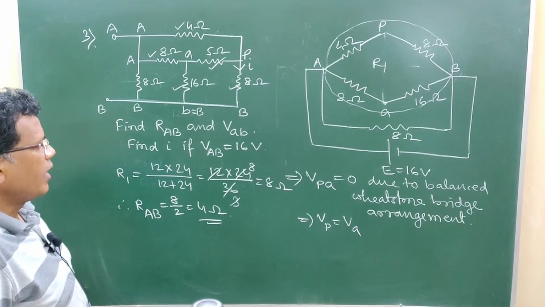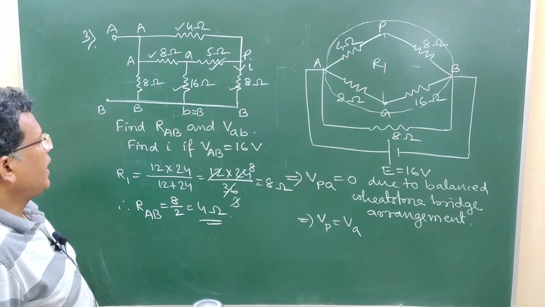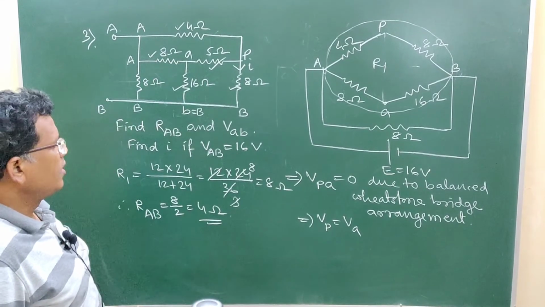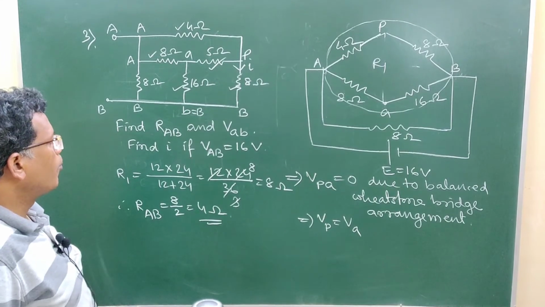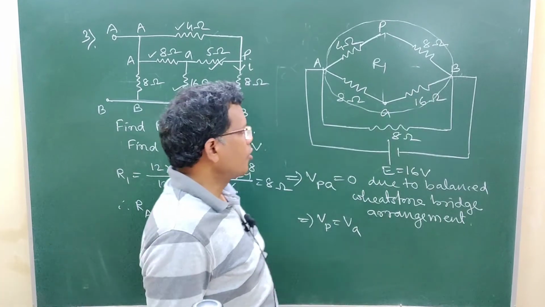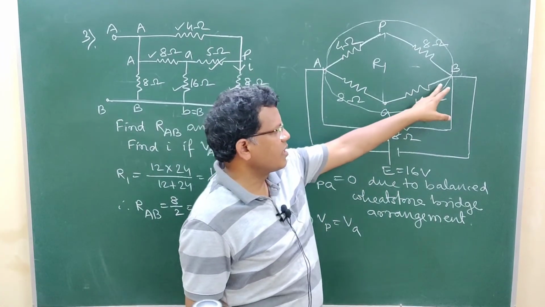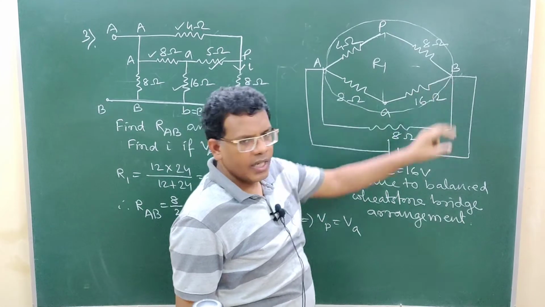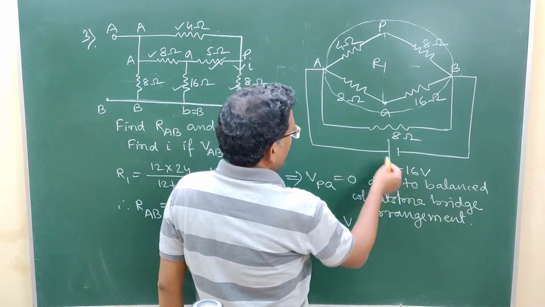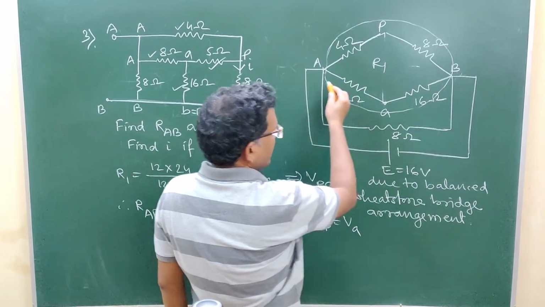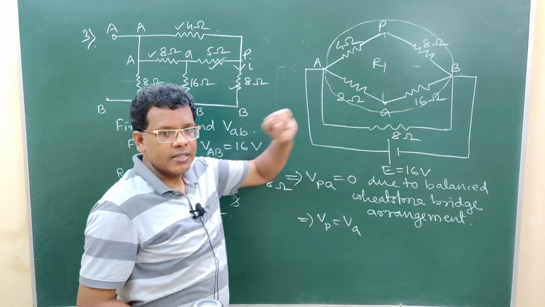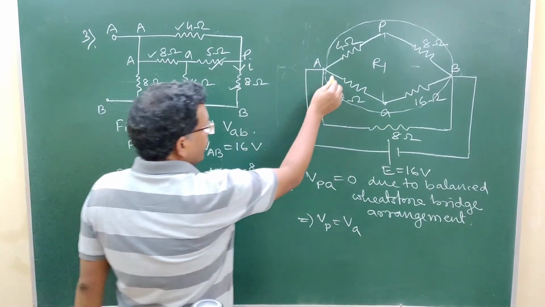Now we had to calculate VAB, this A to B, right, across 16 ohm. So across 16 ohm is this, right? So to know the potential difference across this 16 ohm, we need to know the current flowing in this branch. So as this is a 16 volt battery and in this branch we can see the 16 ohm resistor, that branch effective resistance is 24 ohm.